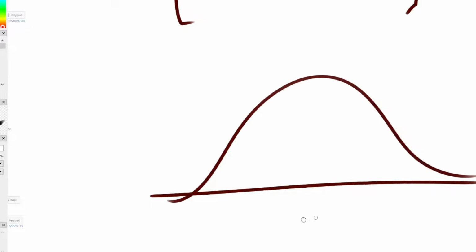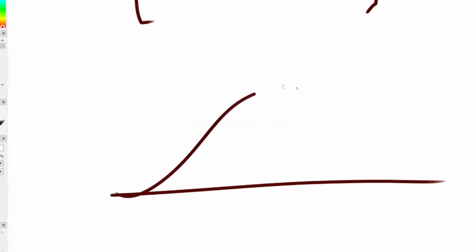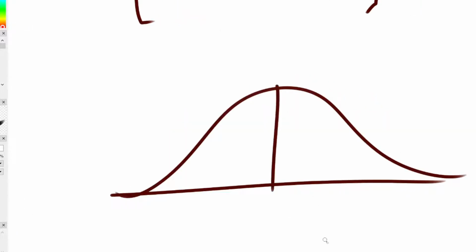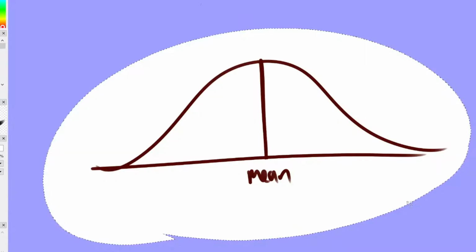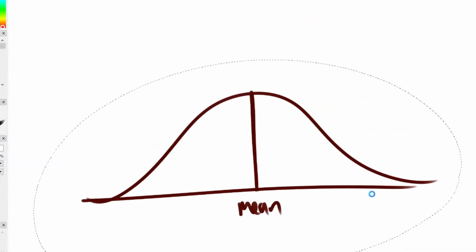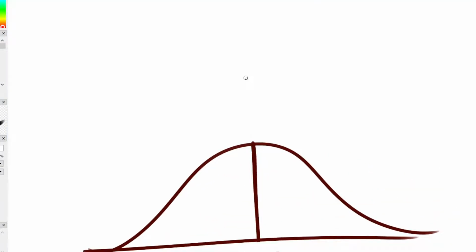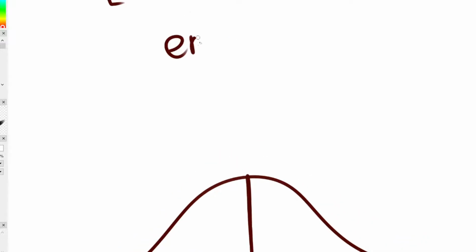Another is the idea of our bell graph, our bell curve. So we have this middle point here, which is our mean, our average. In this video we'll be learning about the concept of a standard deviation, and the empirical rule.